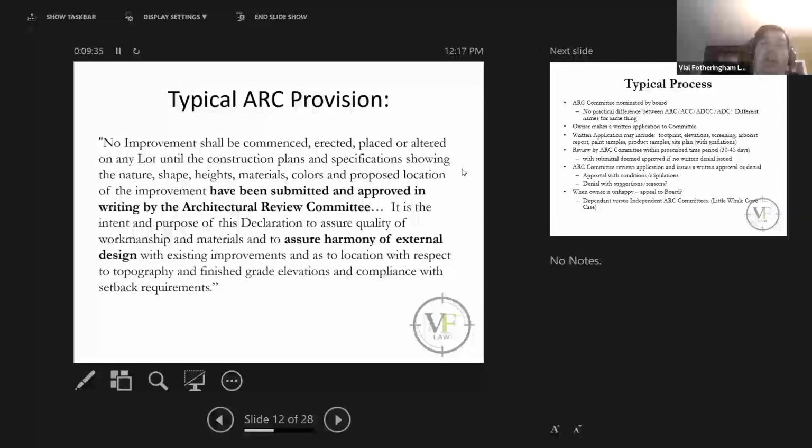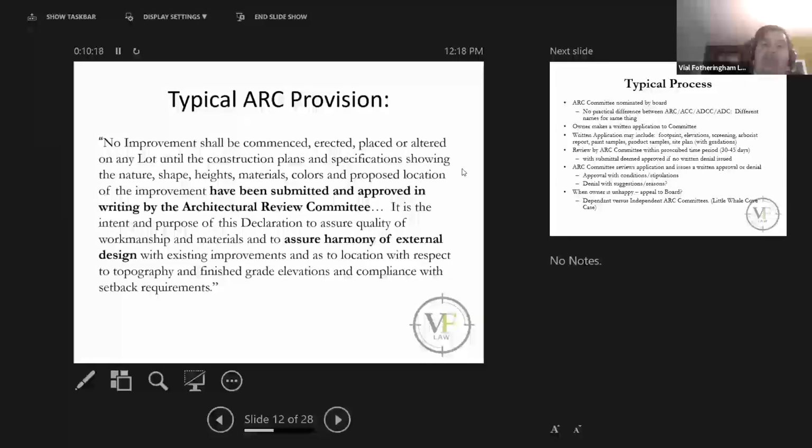But the intent behind it is that nothing can be done or altered or built or erected or set upon or placed on a lot without first going through the Architectural Review Committee. Now, a lot of people may disagree with that policy. Board members may disagree with the policy. They may say that it takes too much time, it's not worth it, it's not of benefit to us, it's too burdensome. But the reality is its design and its purpose is to provide that oversight and protection for the aesthetic look and the material and construction quality of a property.